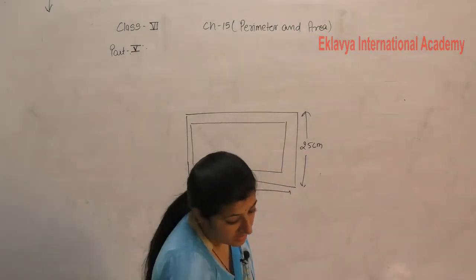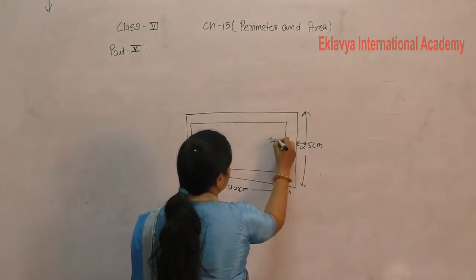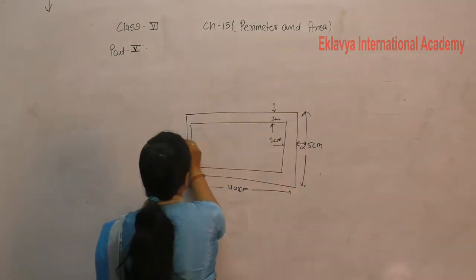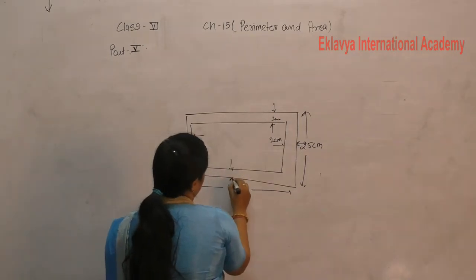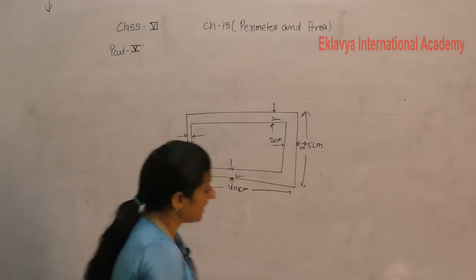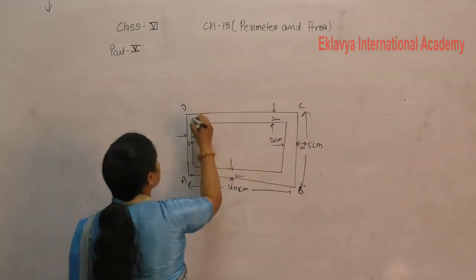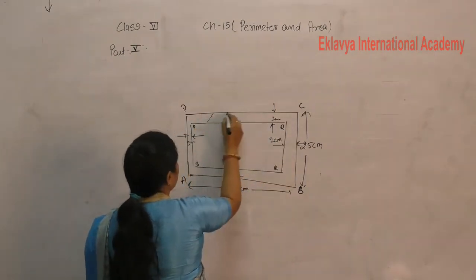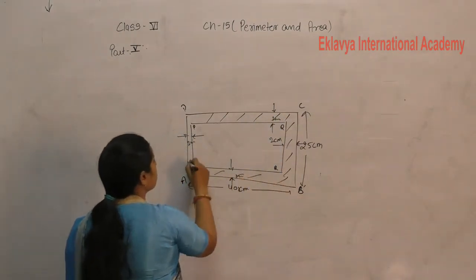Each path is 2 centimeter wide. This is ABCD and this one PQRS. Your question is to find the area of the shaded region.